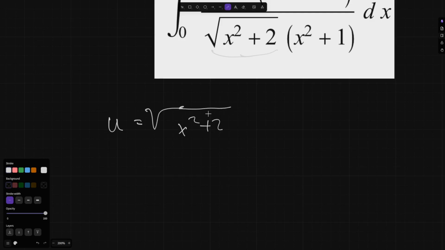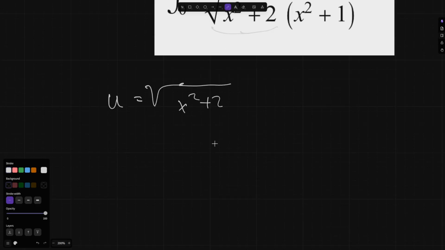You will hit a wall immediately, because the x plus 1 is a term in the denominator, so it destroys any symmetry that you try to exploit.